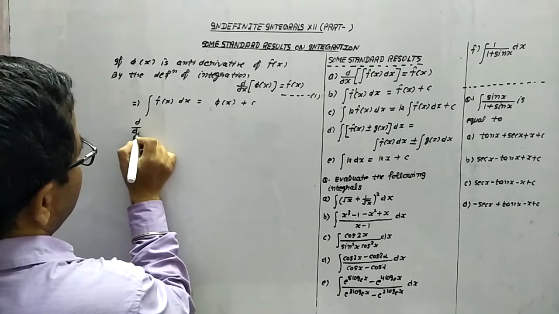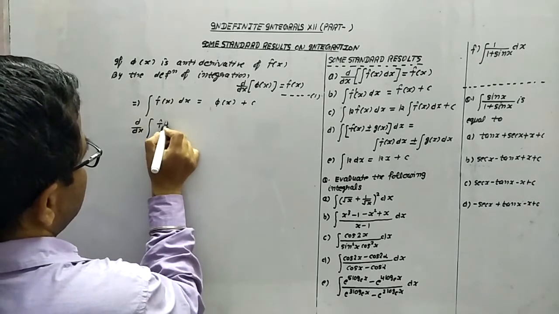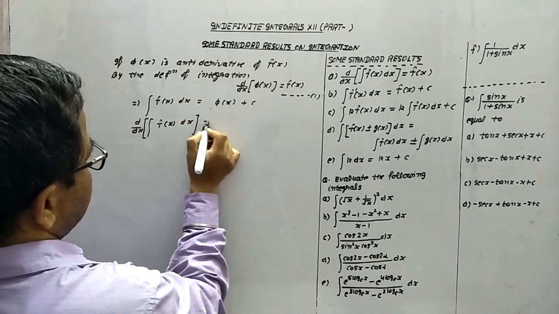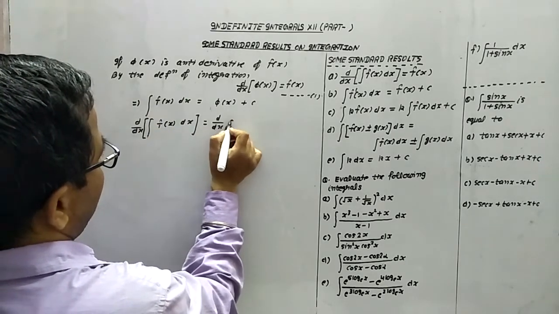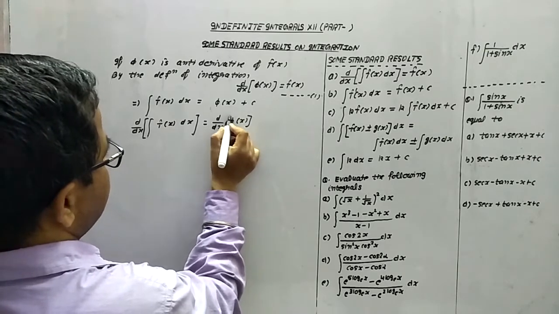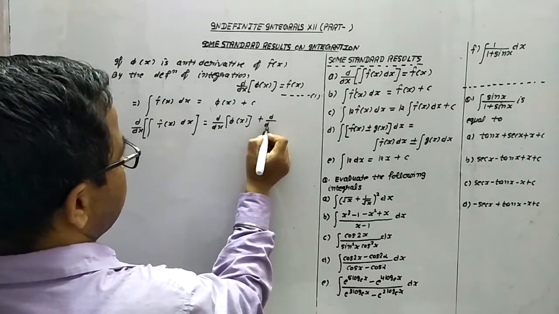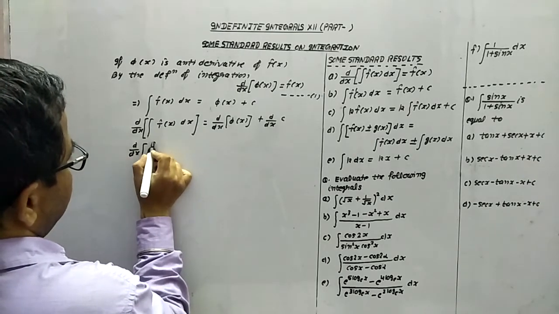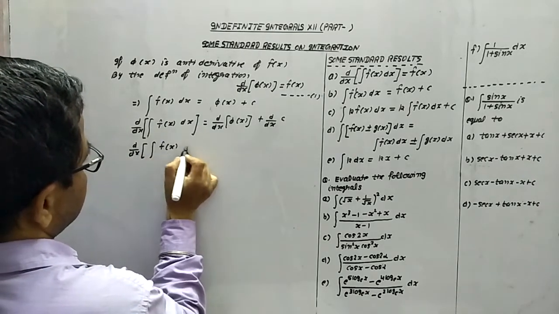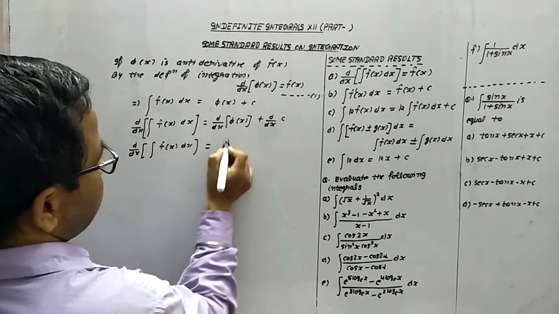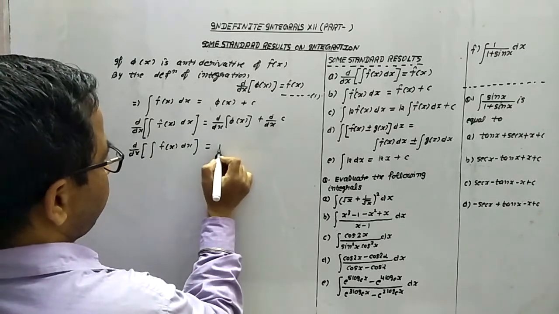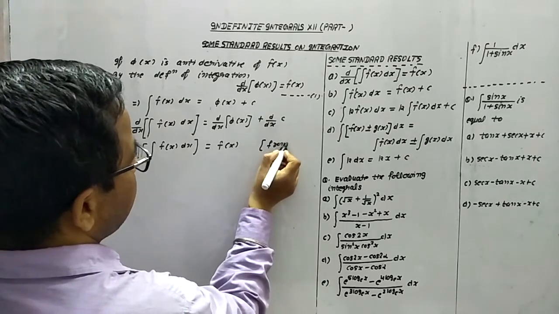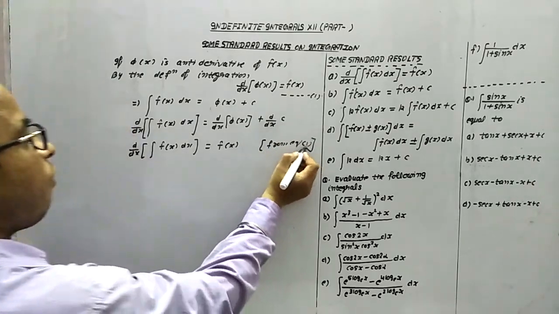Now, if we differentiate both sides, d by dx of the integral of f(x) dx is d by dx of phi(x) plus d by dx of c. D by dx of a constant is 0. From the first equation, this is f(x) and this is 0. That's why this is the result we want.